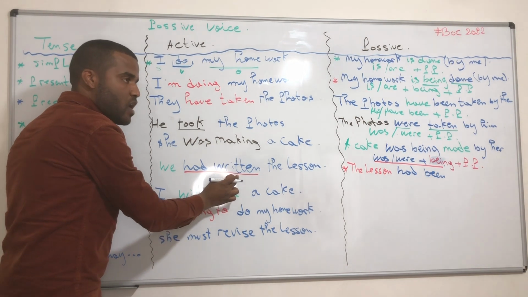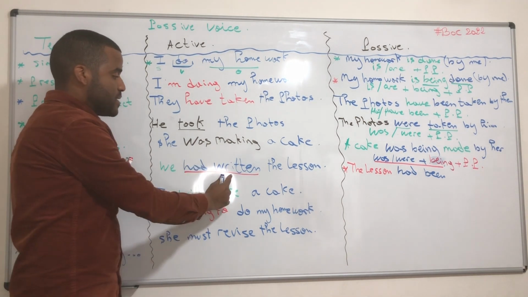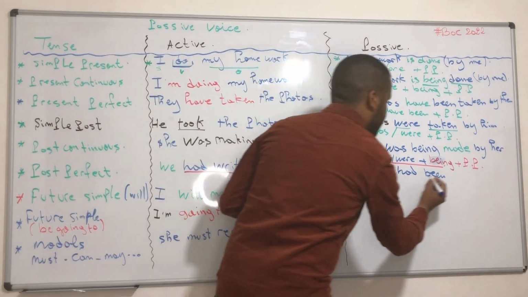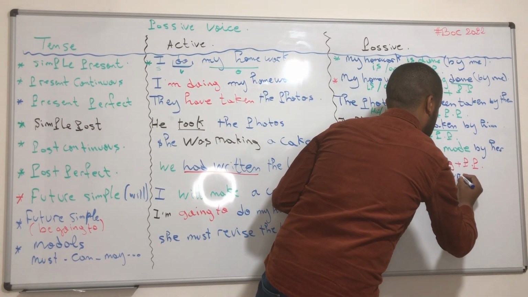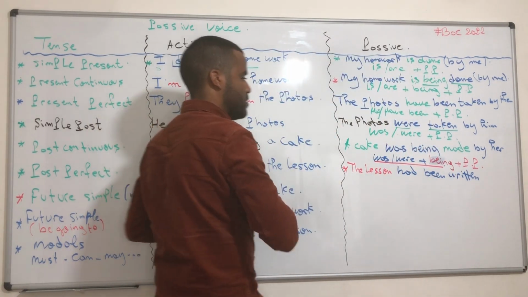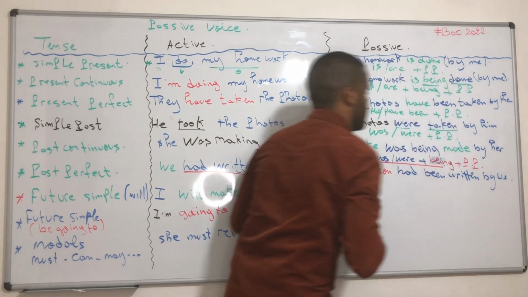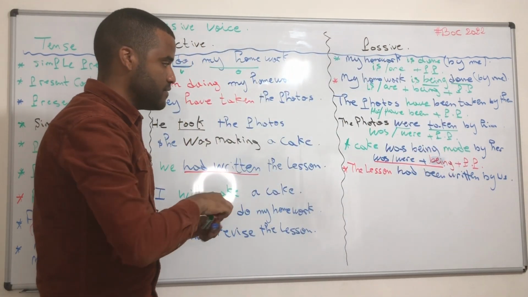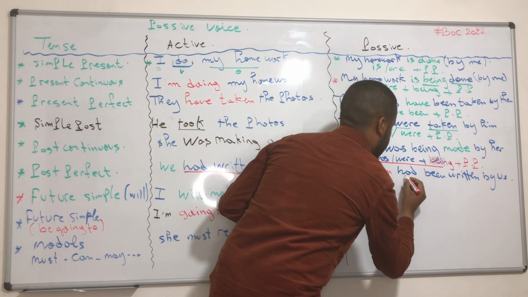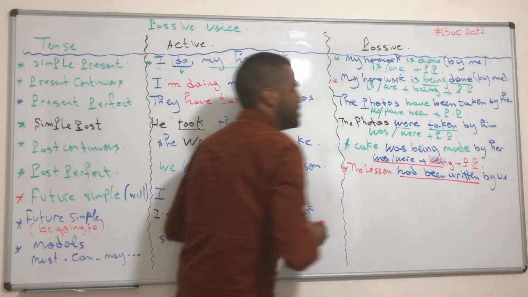So it's verb write, the past is wrote, and the past participle is written. So had been written by us. Okay, had been written.